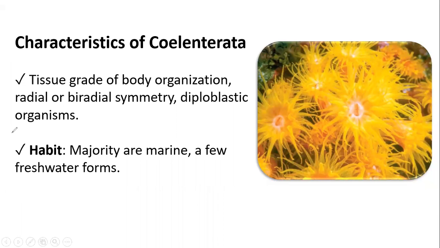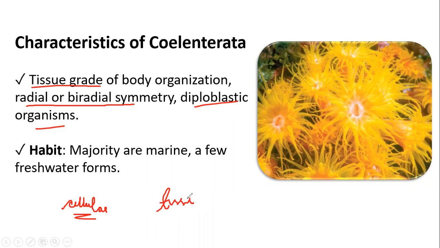Characteristics of Coelenterata: tissue grade of body organization, radial or biradial symmetry, diploblastic organism. We said that the poriferans have a cellular level of organization, whereas Coelenterata have tissue level of organization, that is, cells aggregate to form a tissue.